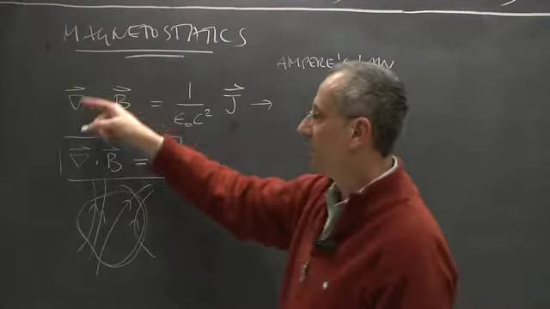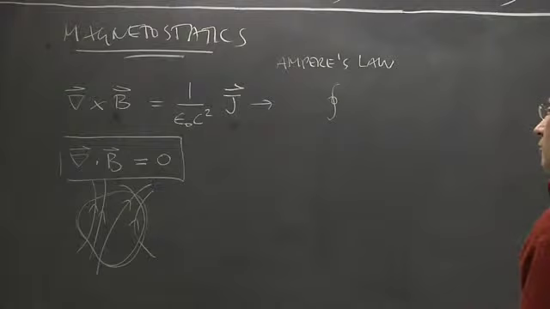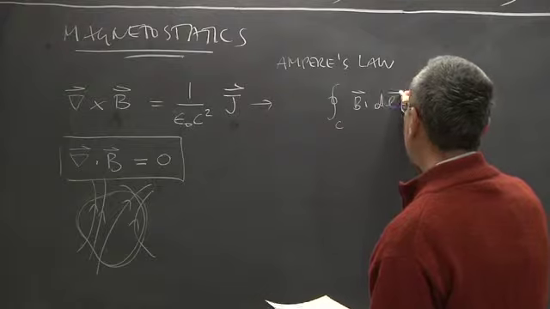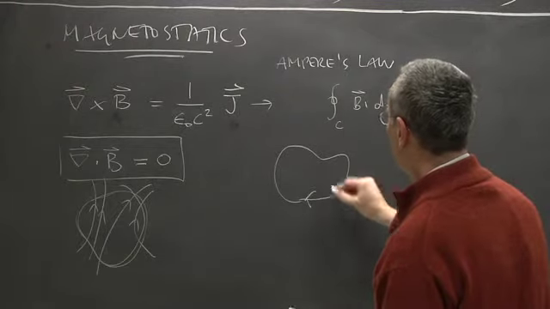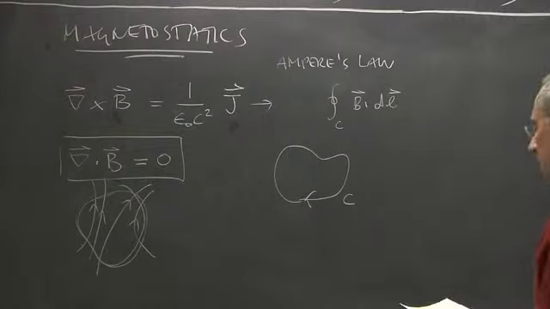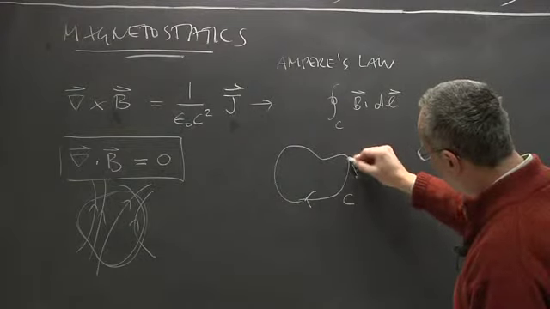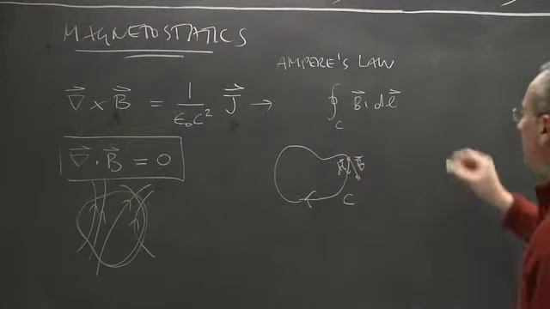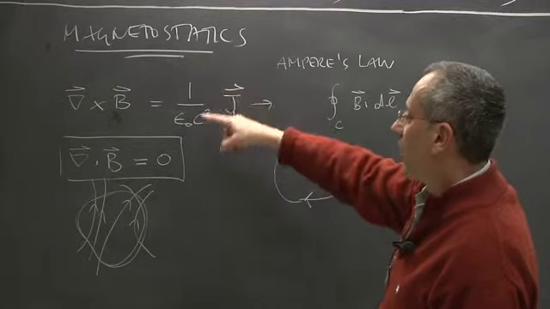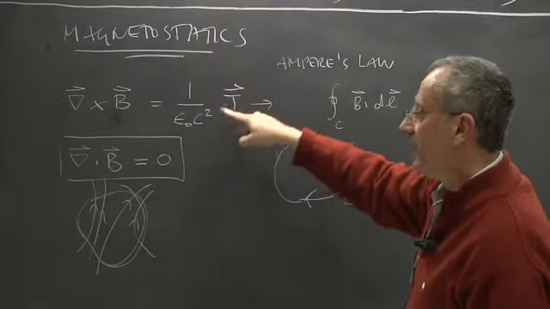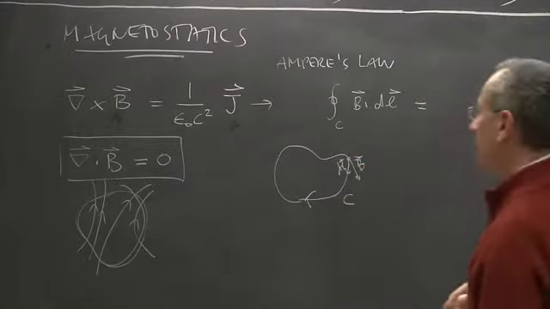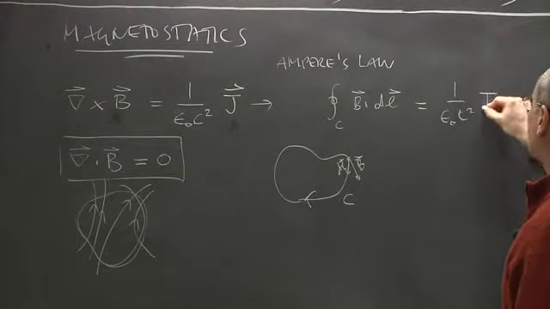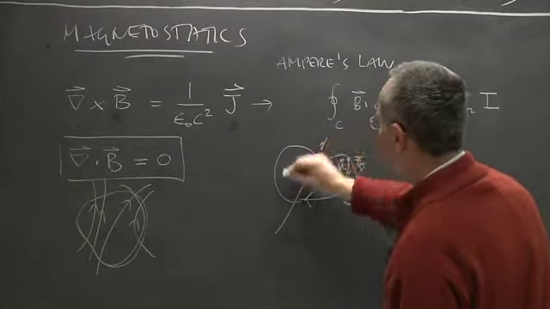I use Gauss's theorem and Stokes's theorem, and then I have the circulation of B around some line C. I go around, I integrate the component of B along this circuit. This is some integral of this density, and if I integrate this density, I get the current. So you see, I get 1 over epsilon naught c squared, times the electric current going through this loop.